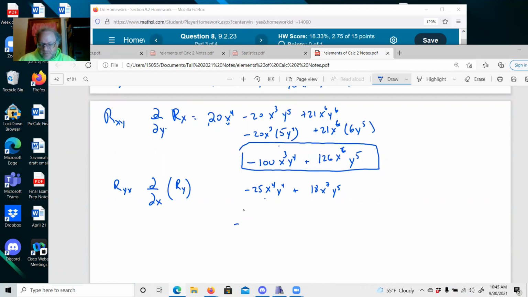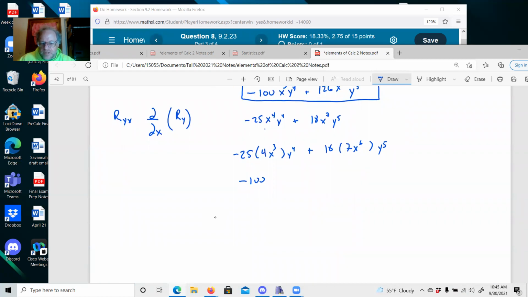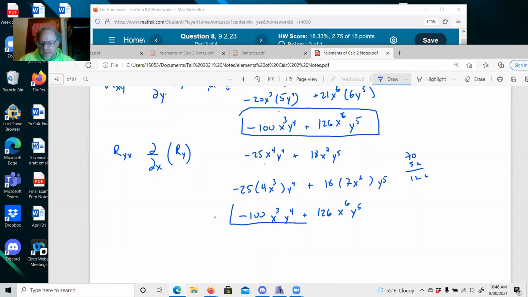It's minus 25, the derivative of x is 4x cubed, y to the 4th, plus 18, the derivative with respect to x is 7x to the 6th, y to the 5th. So negative 100 x cubed, y to the 4th, plus 126 x to the 6th, y to the 5th. We get the same thing. We sure did. Look at that.